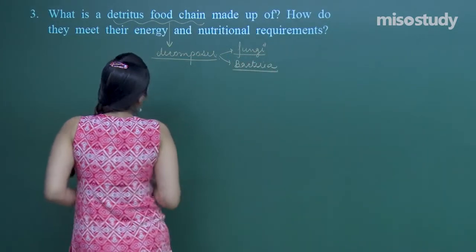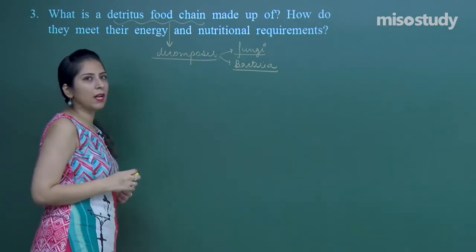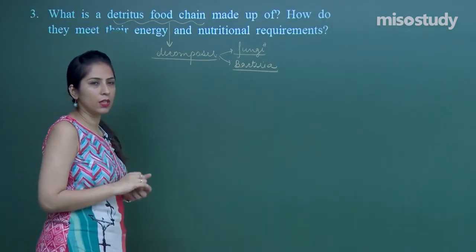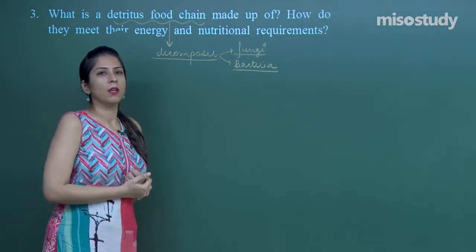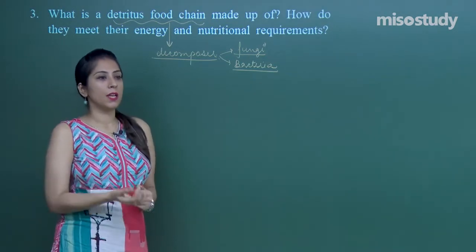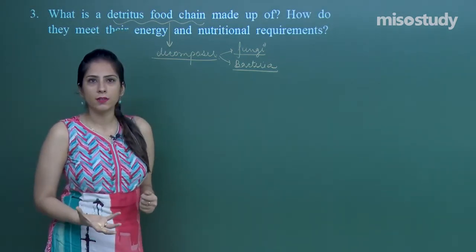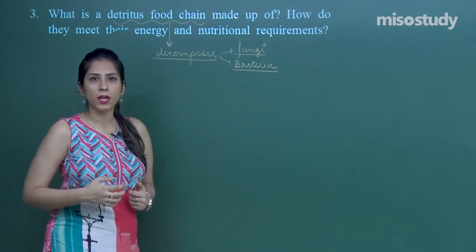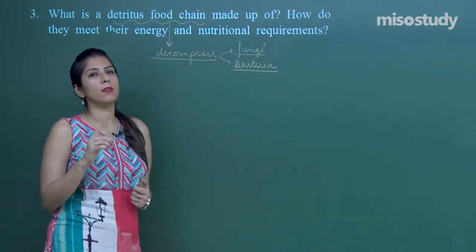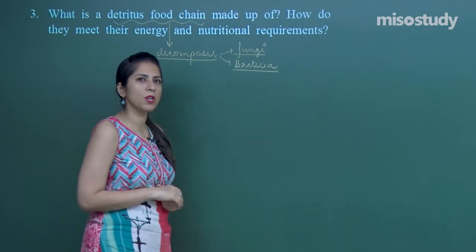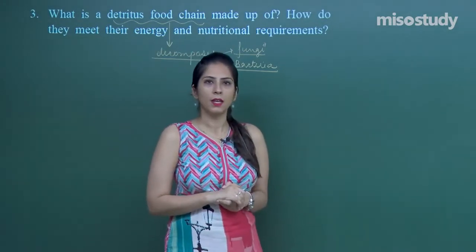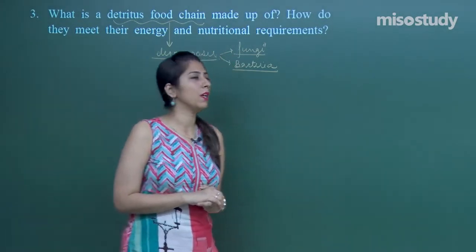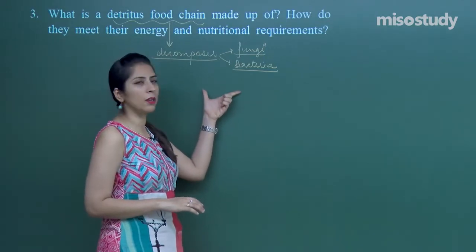What do these decomposers do? Suppose a plant is there in a forest. Animals are also there. After some time the plants will die, some of the litter will fall on the earth's surface, even the animal will also die. We know the animal body as well as the litter will be made up of which substances? Organic substances, right? Those organic substances will be decomposed by decomposers.